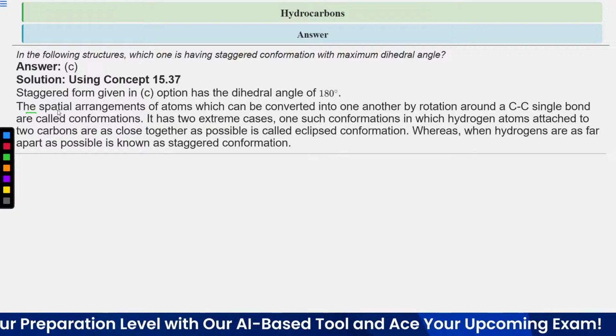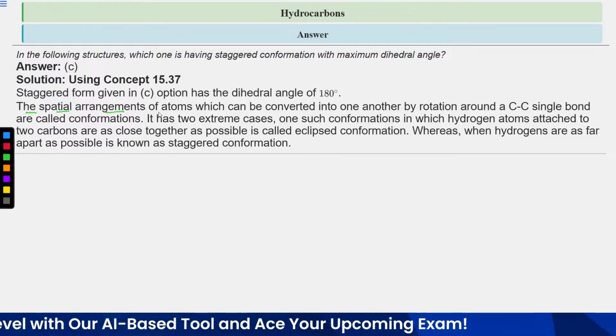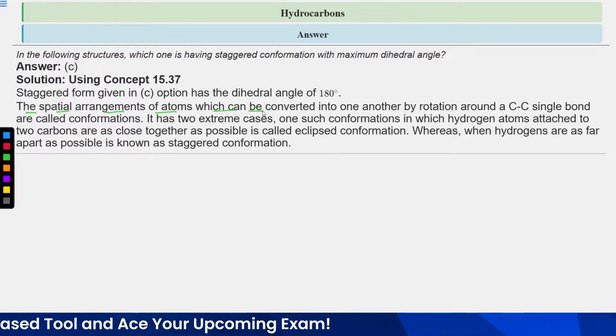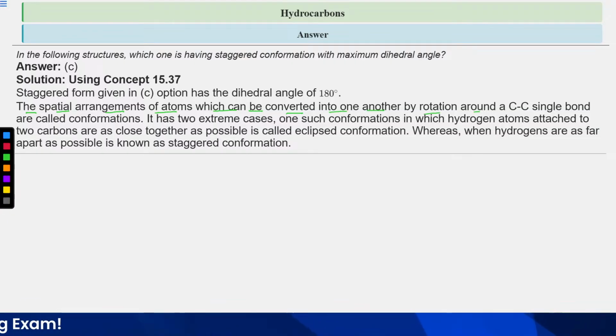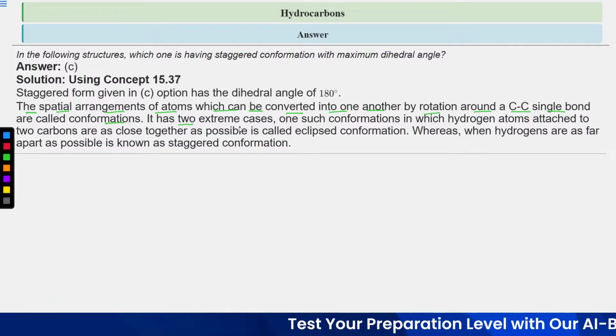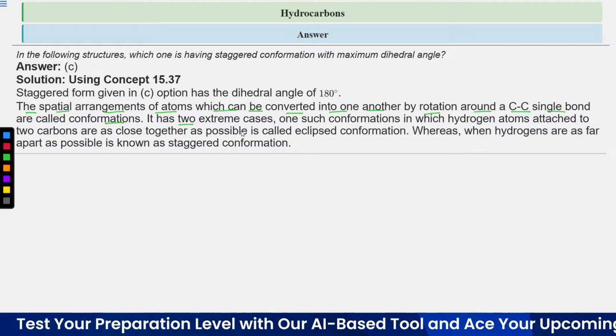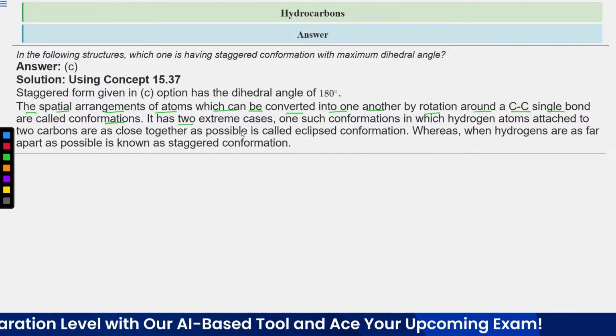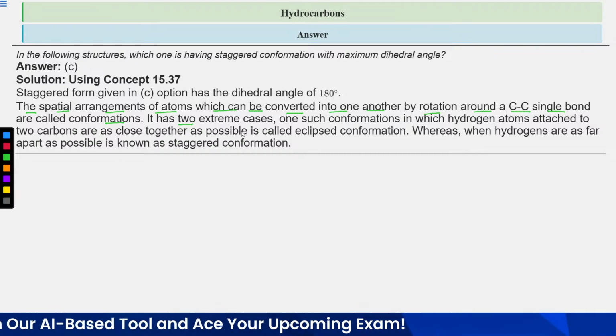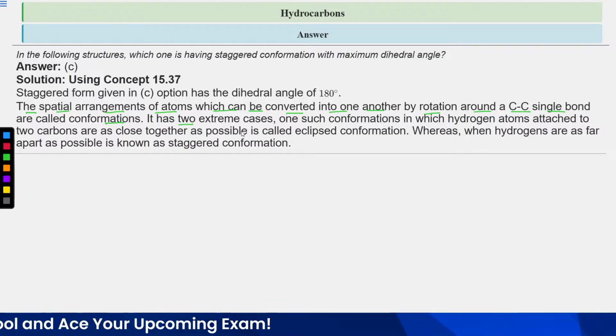The spatial arrangements of atoms, which can be converted into one another by rotation around a C-C single bond, are called conformations. So we have defined here the concept we use for giving the answer to this question: the spatial arrangements of atoms.